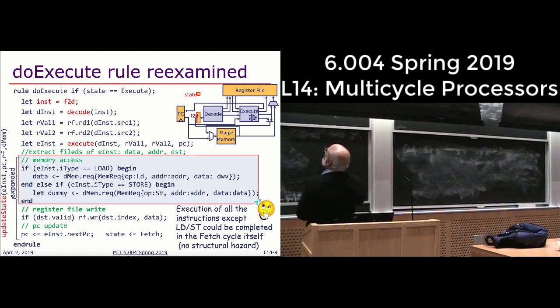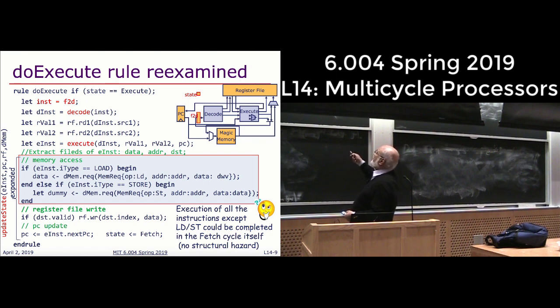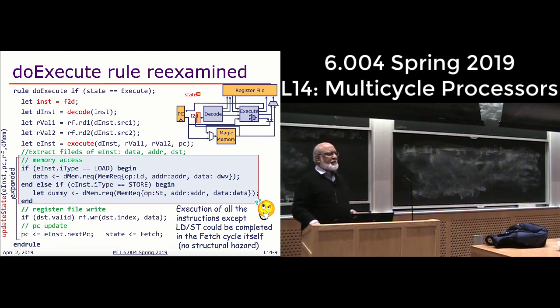Very hard for me to point to, where is it? This one. So if you had a valid destination, then you're saying update the register file. And the last thing is whatever PC you had got from einst, you're going to update the PC accordingly. And notice this, the next state is fetch. This is already what we have discussed. Why am I showing you this code?